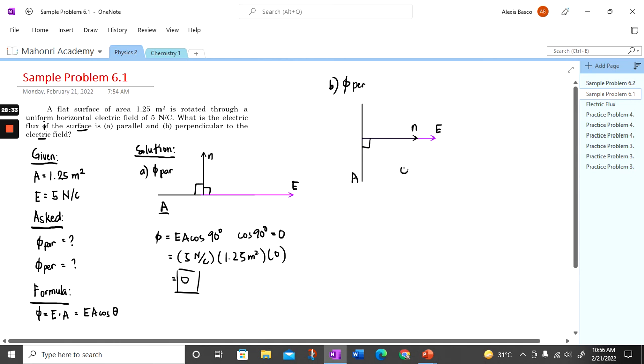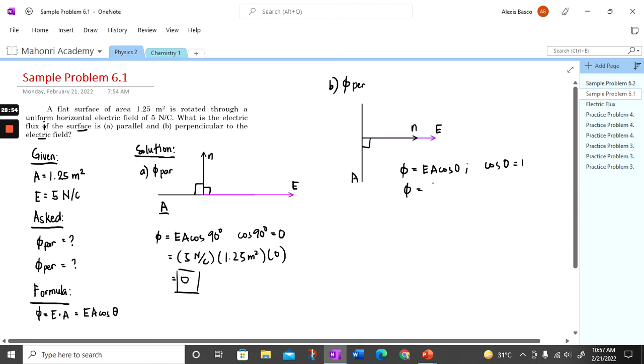So if I'm going to measure this, electric flux is equal to EA cosine. My N is parallel to E. That means this angle is 0. Cosine 0 is equal to 1.